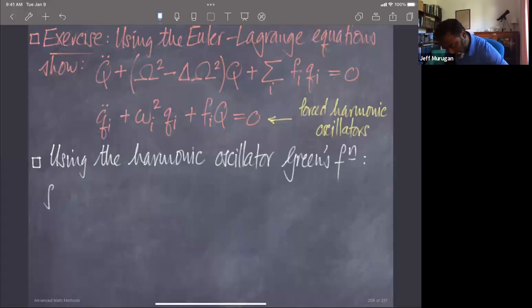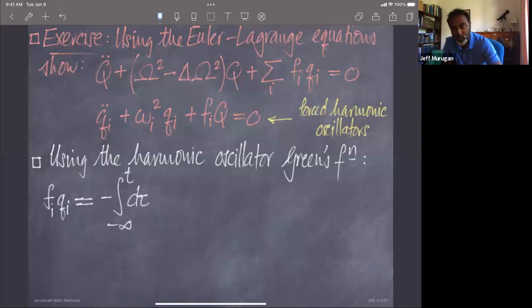I'm actually going to write down a solution not for Qi, but for Fi Qi, just by multiplying through by Fi for convenience. This is given by minus the integral from minus infinity to the time t that I'm interested in, the integral taken with respect to tau.